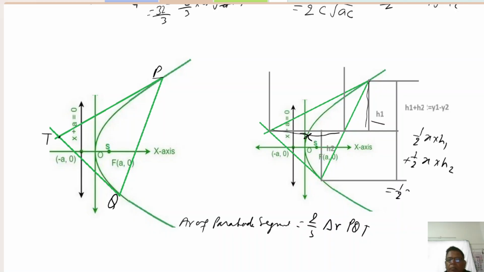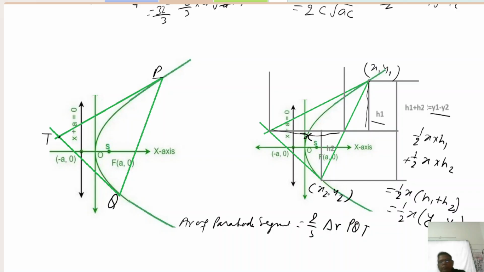So half into X into H1 plus H2. H1 plus H2 is nothing but y1 minus y2. y1, y2 are the coordinates, x1 y1, and this one is x2 y2. So half into x into y1 minus y2.